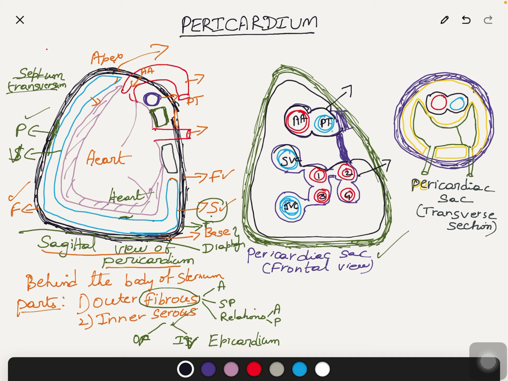So this is the other tube. One tube we have learned is the arterial tube and this is the venous tube.